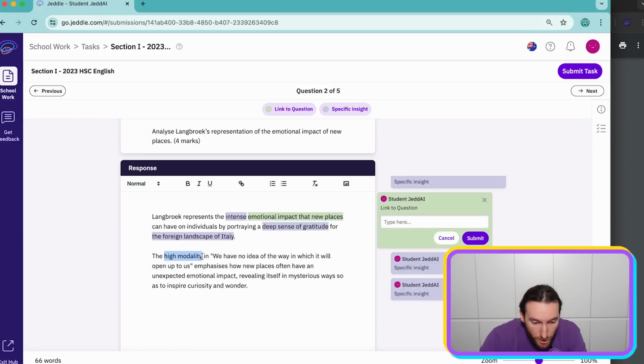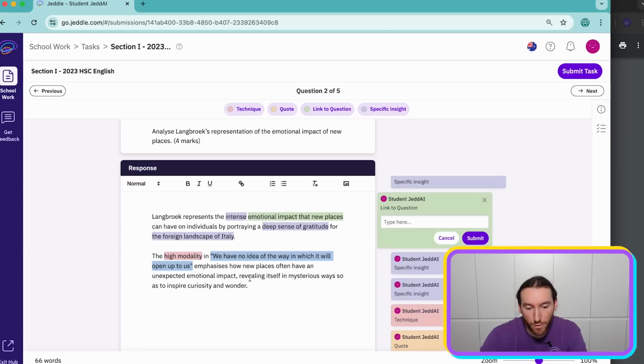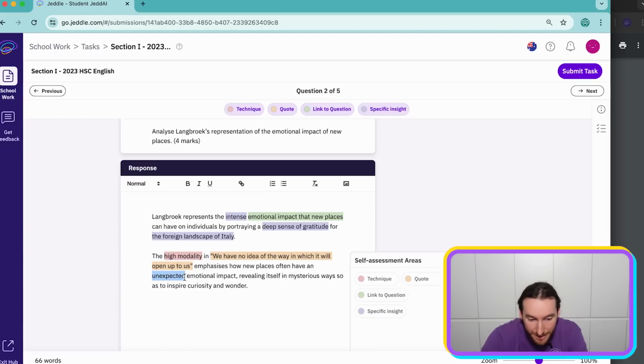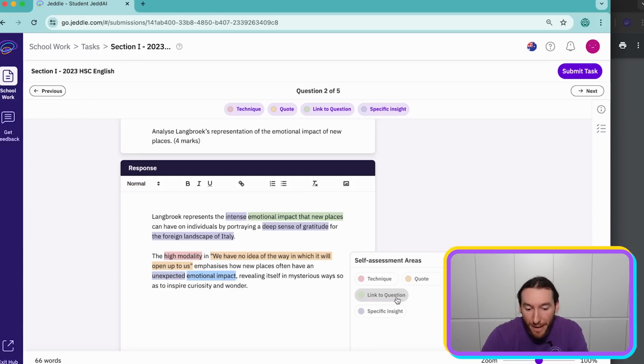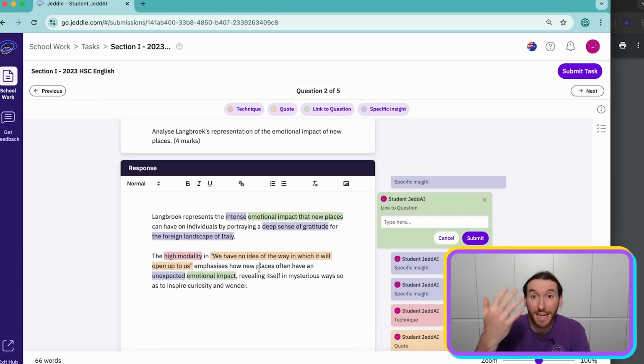So notice the structure again, the high modality technique in the quote. Use the shortest possible version of the quote, but enough to make sure you're capturing all the context. Emphasizes how new places often have an unexpected, there's the specific part, emotional impact, because you don't want to just repeat the words of the question, but you do want to keep referring back to the actual key terms of the question.